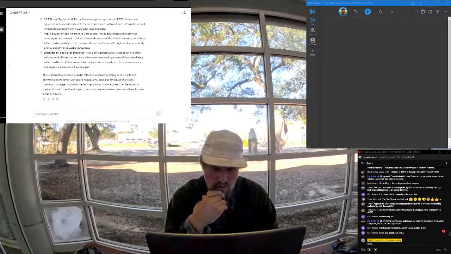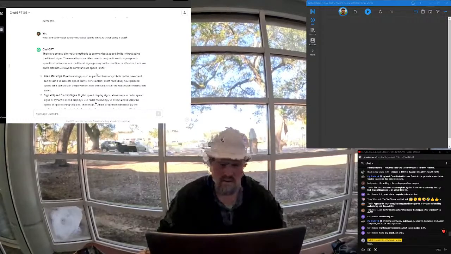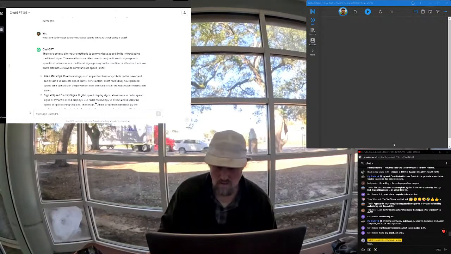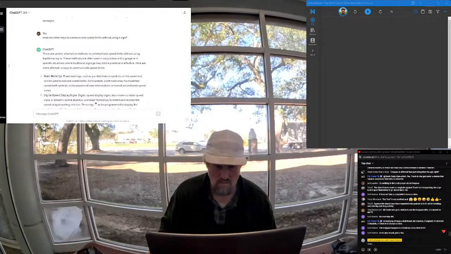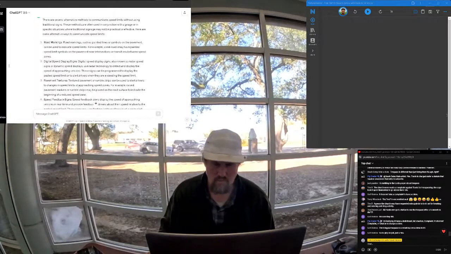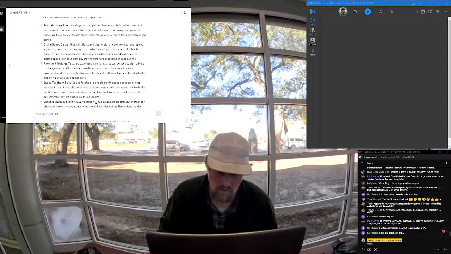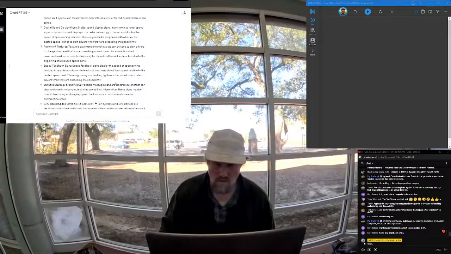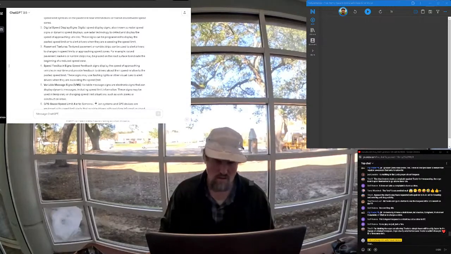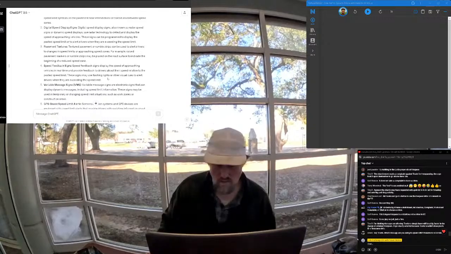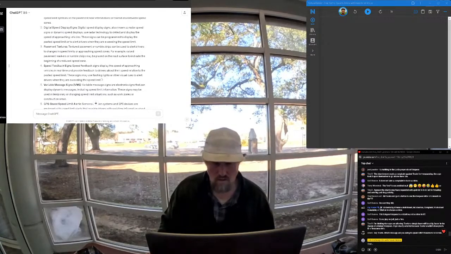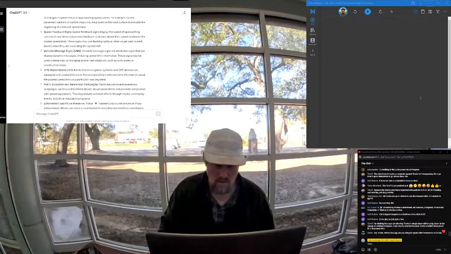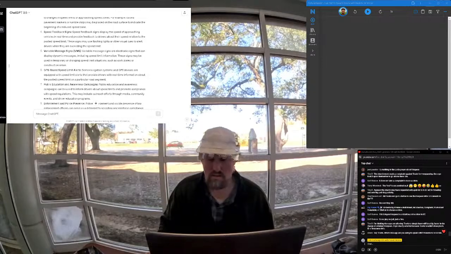Yeah, so there's several without using these. Painted symbols, digital speed display, textures in the pavement. Some kind of speed feedback. GPS-based speed limit alerts. That's what I'm using pretty much.